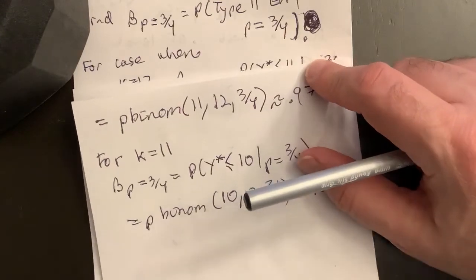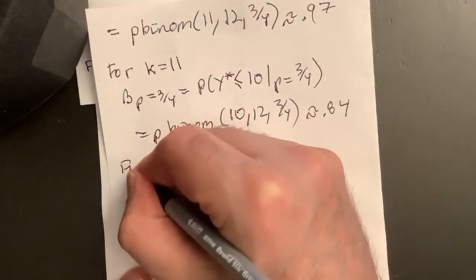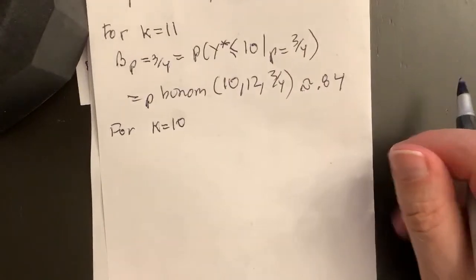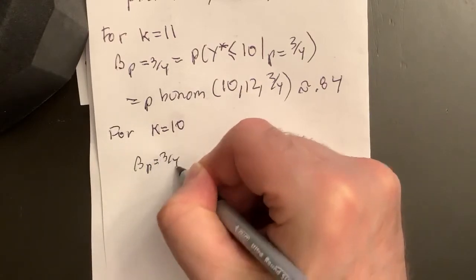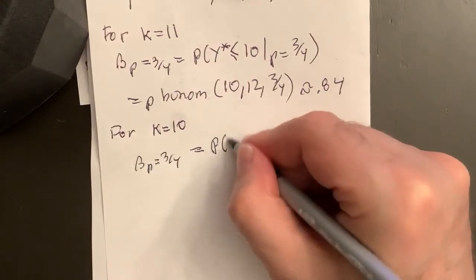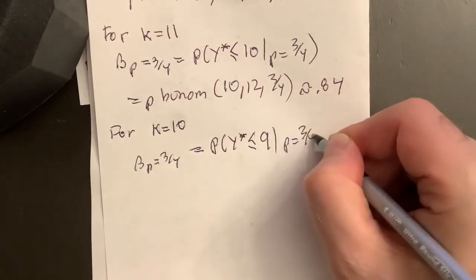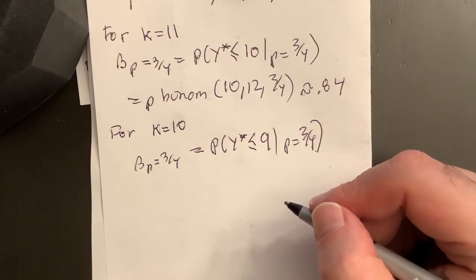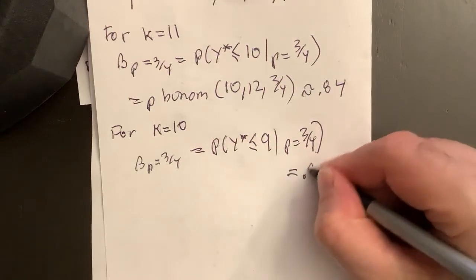Okay. And finally, let's do it for k equals 10. Although that had a pretty high type 1 bound, we have beta at 3/4 equal to the probability y star less than or equal to 9 given p equals 3/4. And this is 0.61.